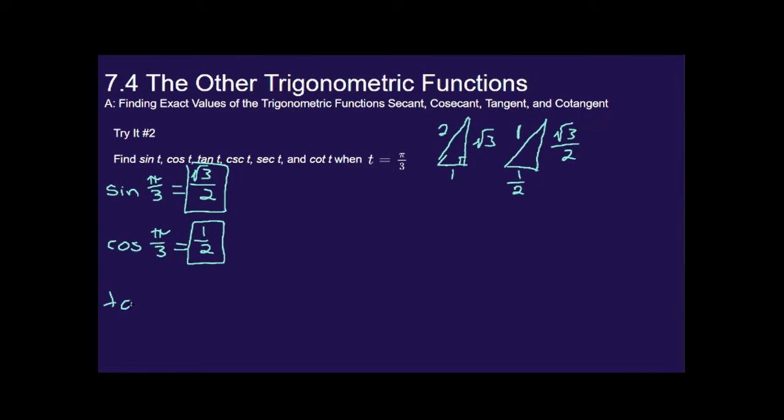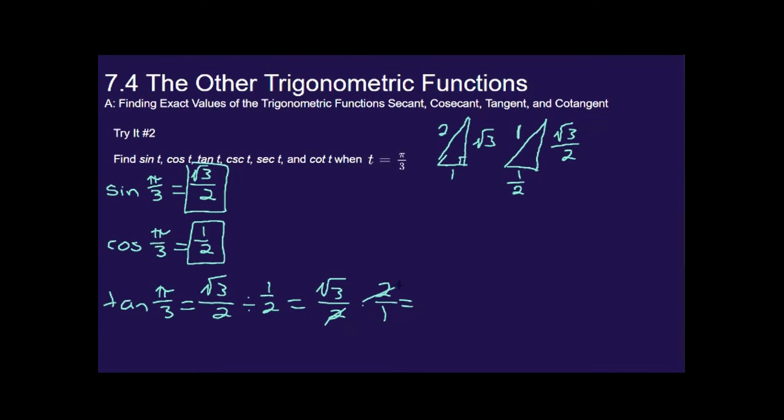And then tangent of pi over 3 is equal to y over x, which is y divided by x. So square root of 3 over 2 divided by 1/2. Rewrite this as a multiplication problem. 2 over 1.